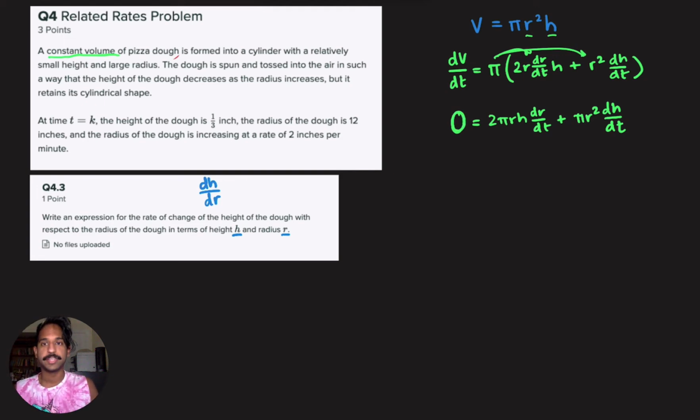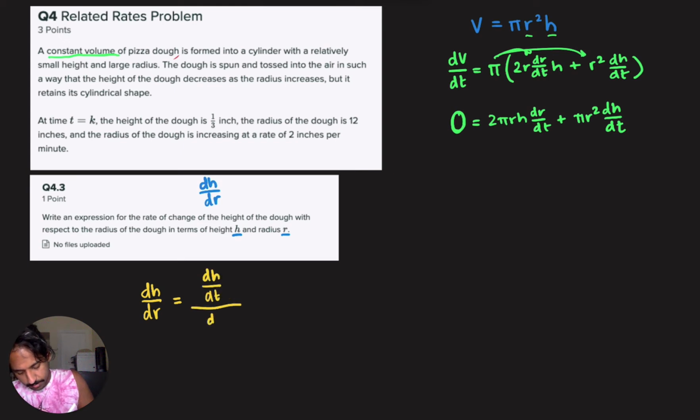Now our goal again is to get dh/dr, and let me talk about how we would do that. I'm going to do this in yellow on the left over here. dh/dr, the way to do that is we have dh/dt, and we want to divide that by dr/dt. And you might be like, what, Mr. Null? Why would we do that? Here's why.